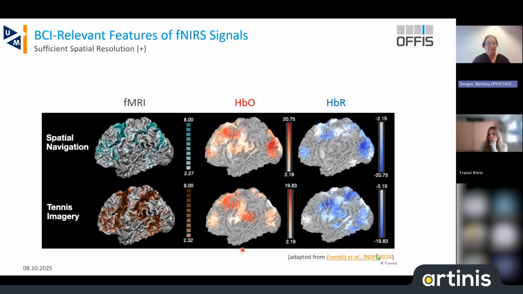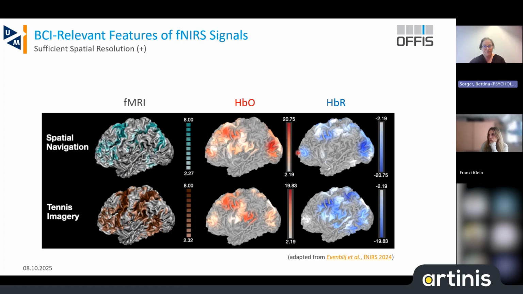What is also good when we look at fNIRS is the spatial resolution. I would say it's sufficient. You know that mental tasks play a very crucial role in BCIs. Here you look, for example, at two example tasks, namely spatial navigation imagery and tennis imagery. And here is data from the same participant, for fMRI and from fNIRS.